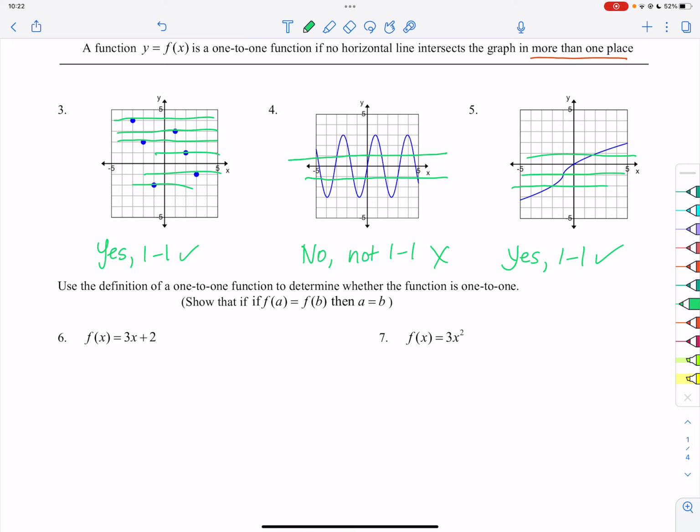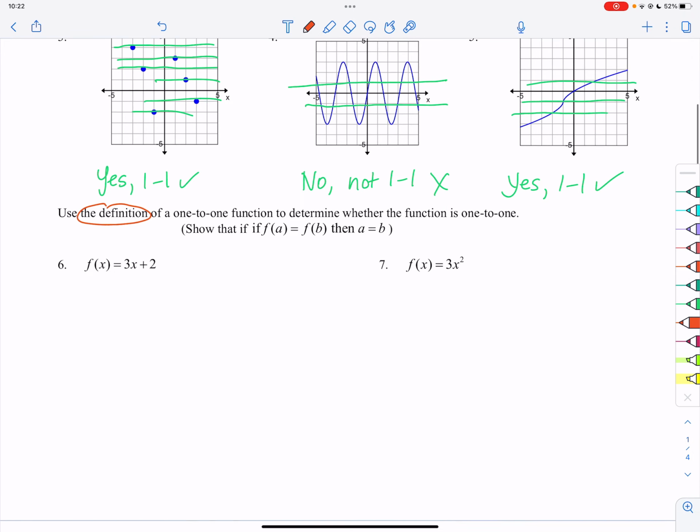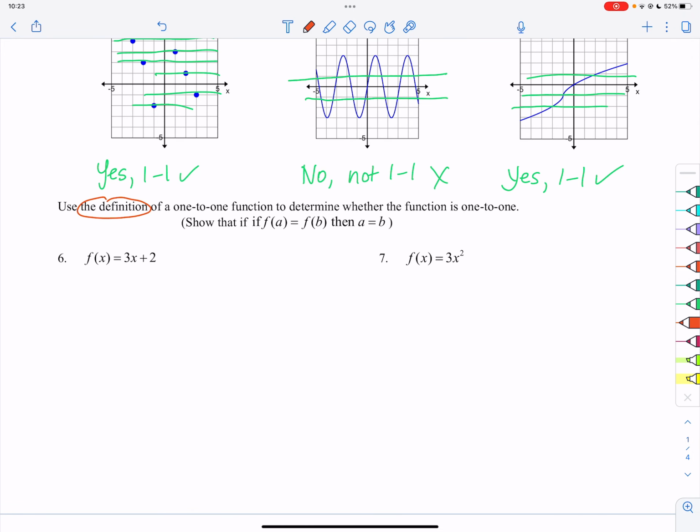Now we're going to actually use the definition of a one-to-one function to determine whether the function is one-to-one or not. Here we'll show that if f of A equals f of B, then it must be that A equals B. So let's set f of A equal to f of B. f of A is 3A plus 2, and f of B is 3B plus 2.